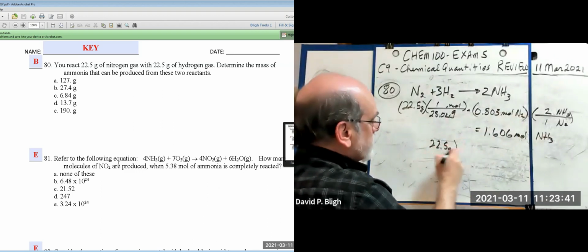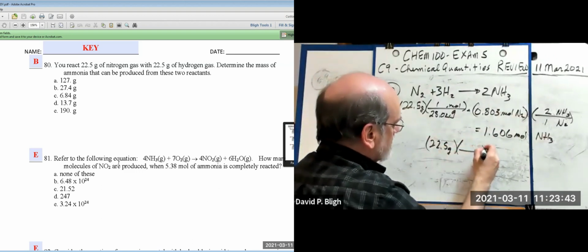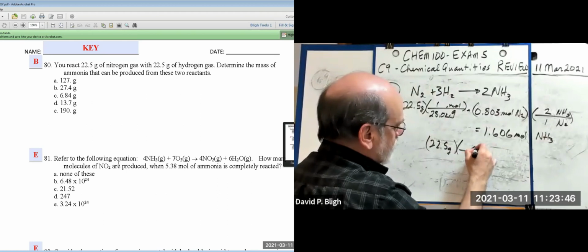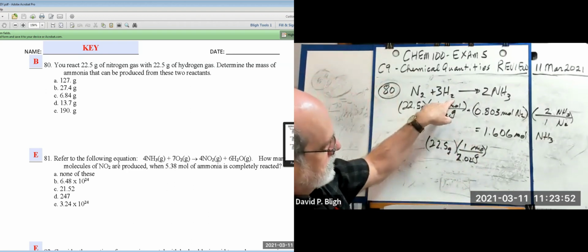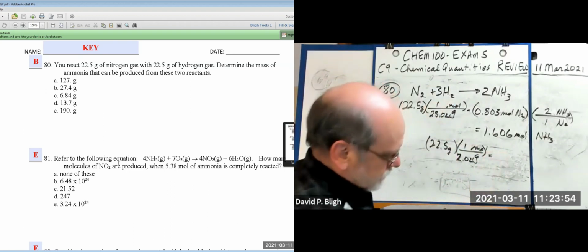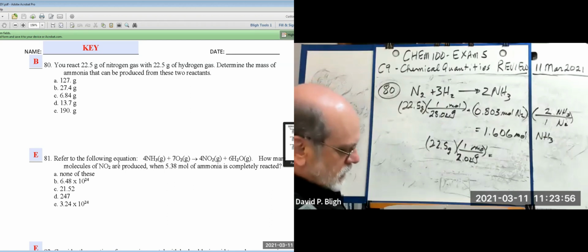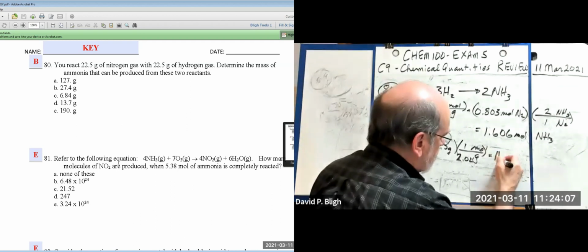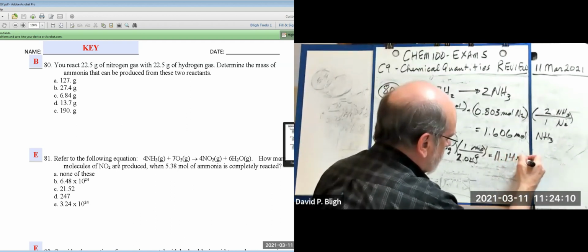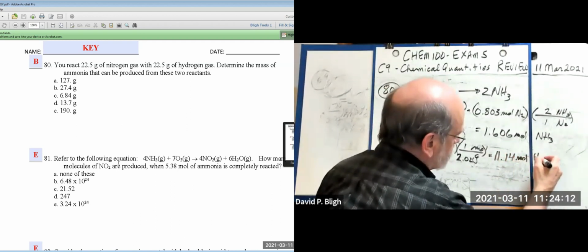If all of this reacts. If all of this reacts, hydrogen, right? Grams per mole, 2.02. Because there are 2 of them. 22.5 enter, and 2.02 divide. That's 11.14 moles of hydrogen.